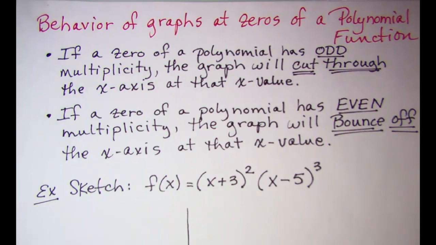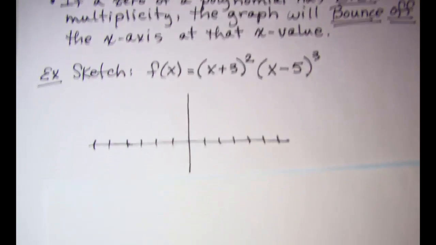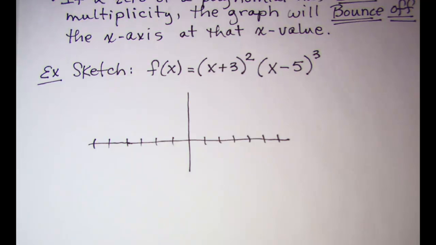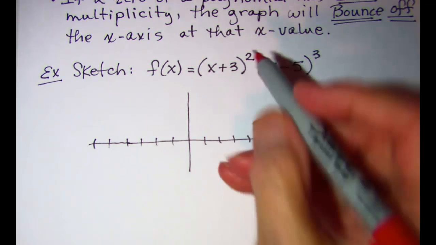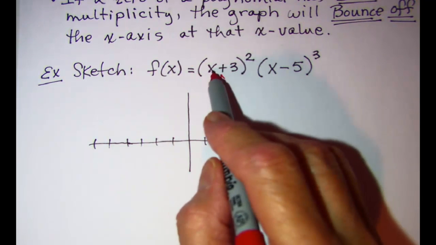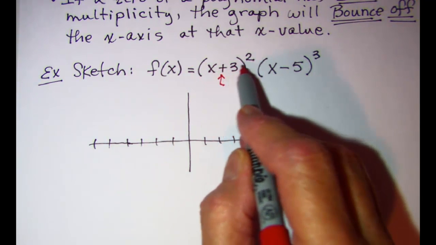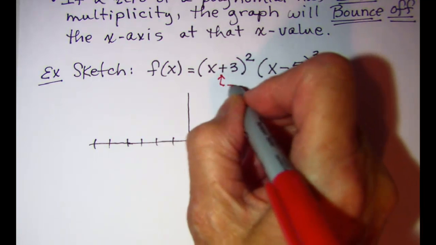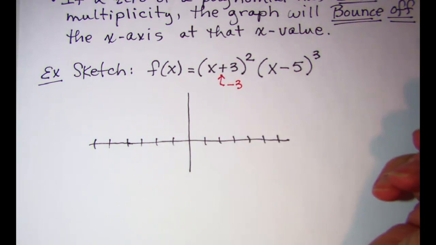Let's look at an example. If we were asked to sketch f of x equals (x plus 3) squared times (x minus 5) cubed, we have zeros. This is x minus negative 3, so negative 3 is our zero.